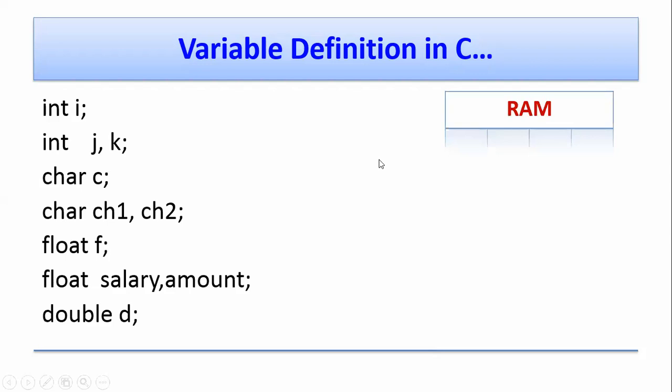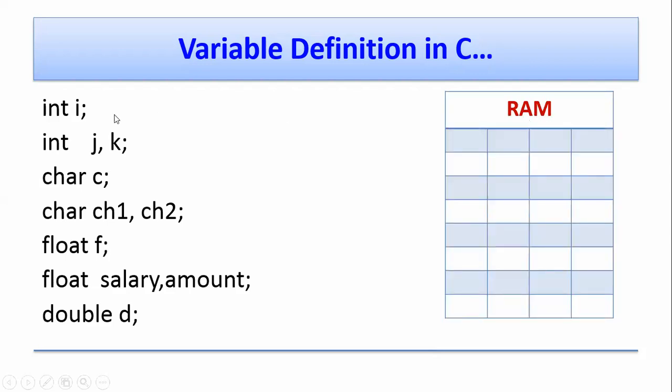What happens inside the main memory? When you declare int i, a space is allocated for variable i. If you say int j, k, then two spaces are allocated within the main memory. Within this space, you can store values.